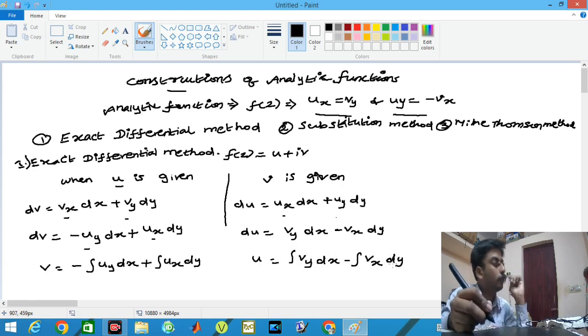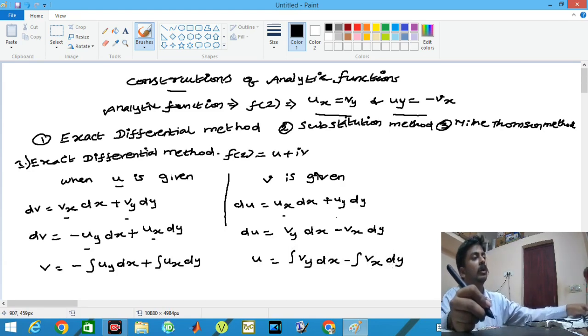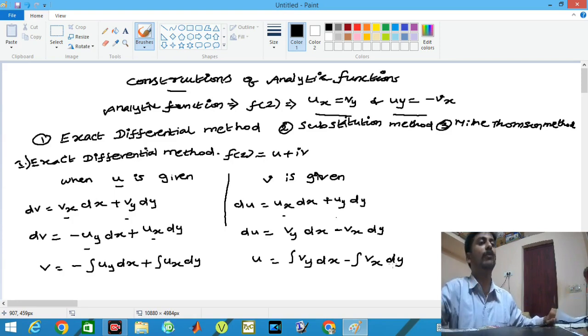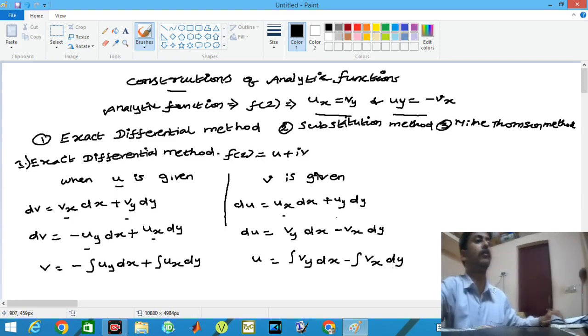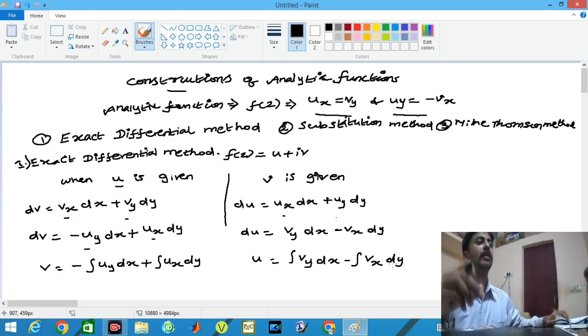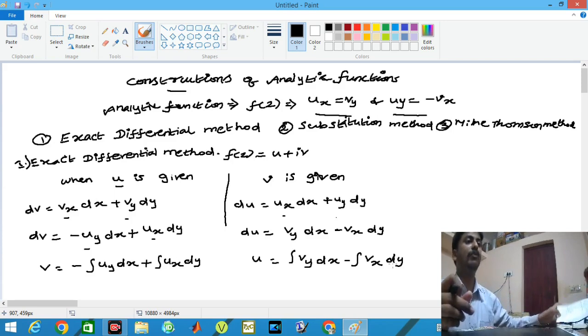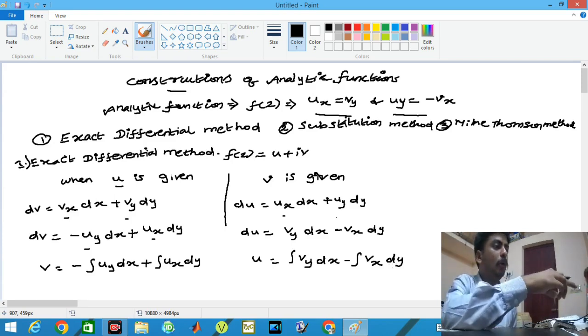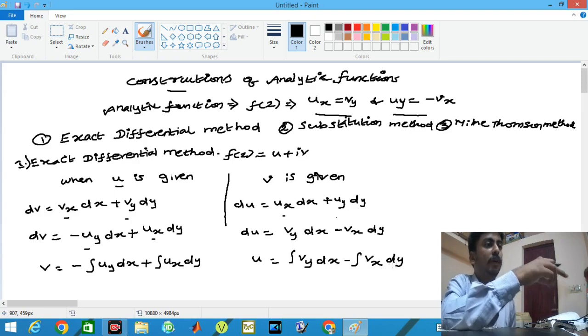So from these two we can easily find the other value: when u is given we find v, and when v is given we find u.